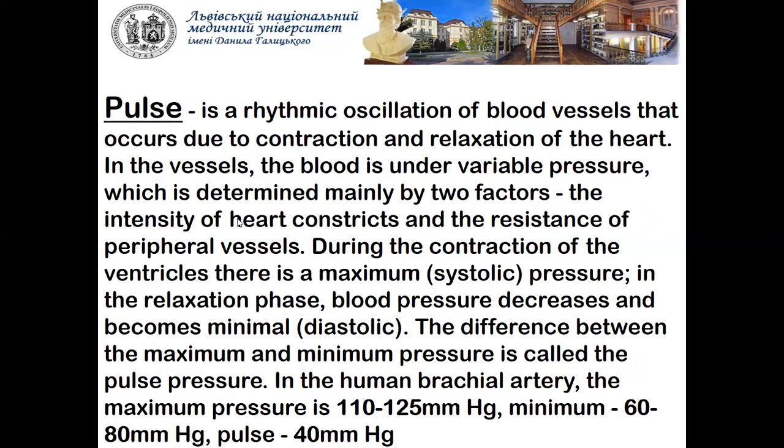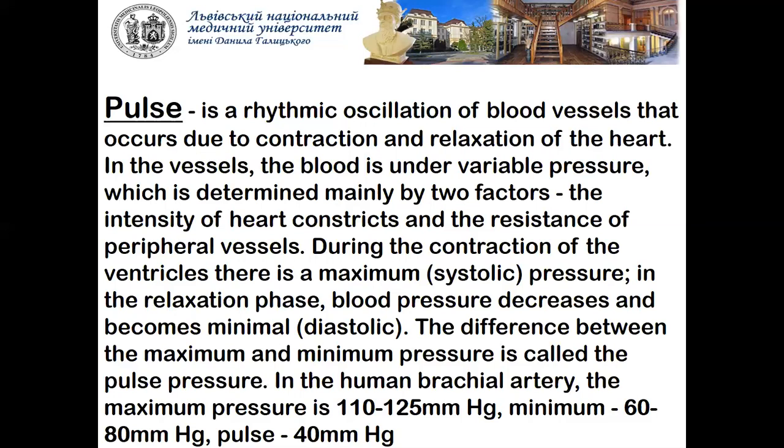What does pulse mean? It is the rhythmic oscillation of the blood vessel walls, which occurs due to the contraction and relaxation of the heart. We have two factors for this: the intensity of the heart contraction and the resistance of the peripheral vessels.